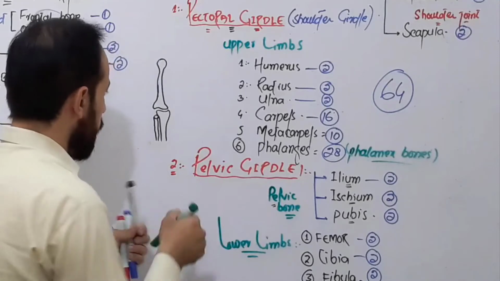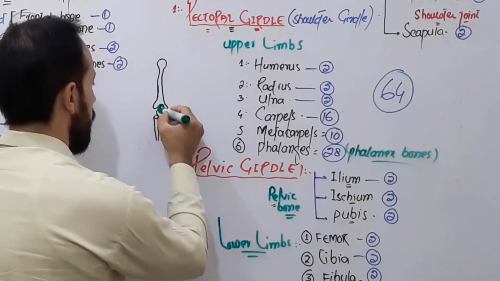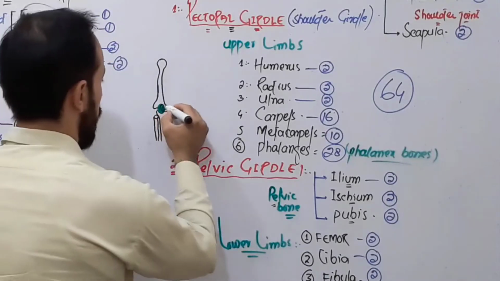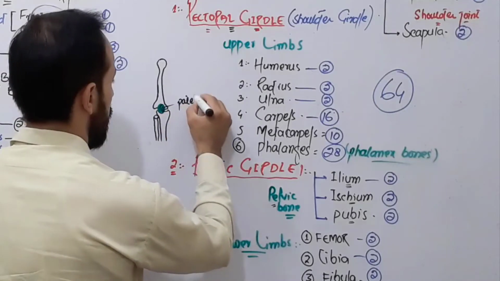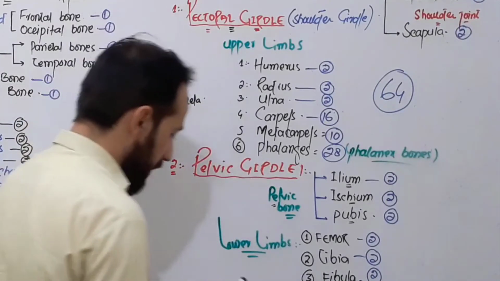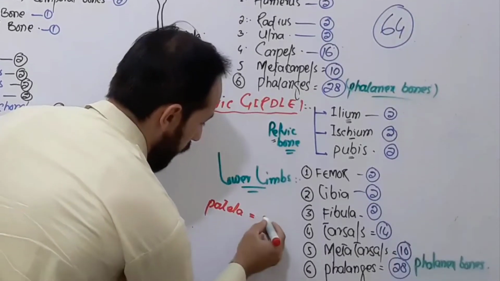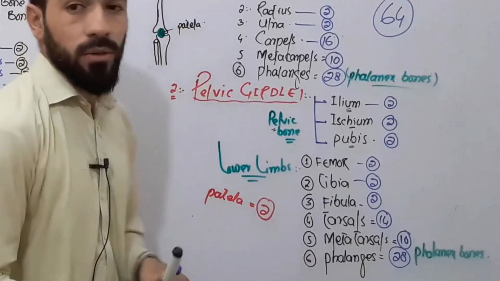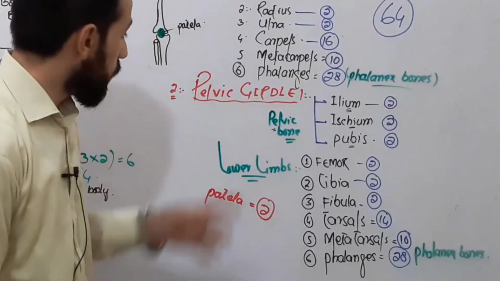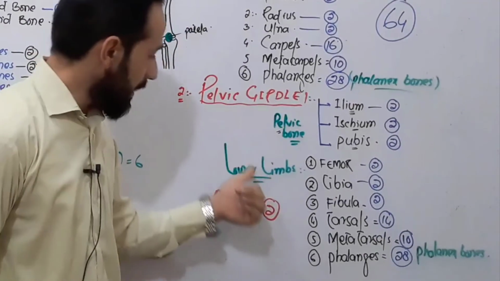So one bone, which is a sesamoid bone, is present here, and this bone is called your patella, right? So how many patella do you have in your lower limbs? You have 2 patella.